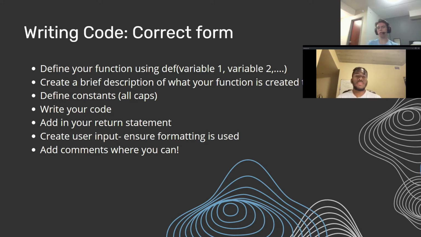And the order in which you put parameters into the definition of the function does matter. Because when you go to type in the function to use it in your code, the order in which you present the variables to the function matters. So let's say we're passing something in for the variable one spot. In this case, we want to pass one into variable one and two into variable two.